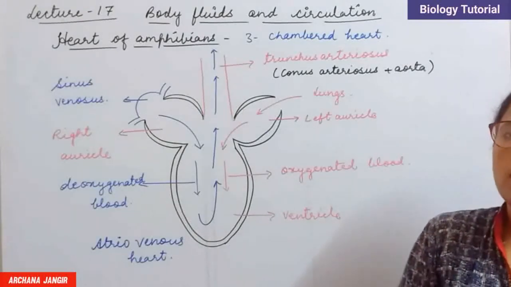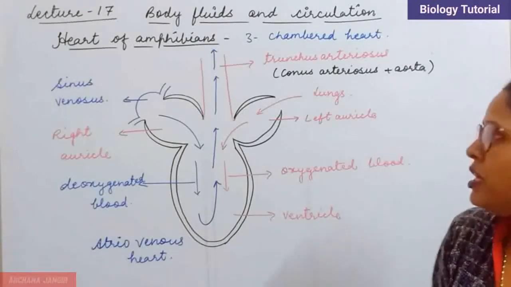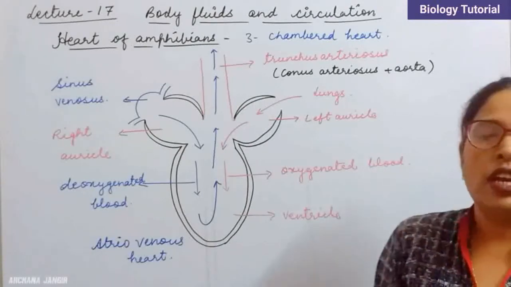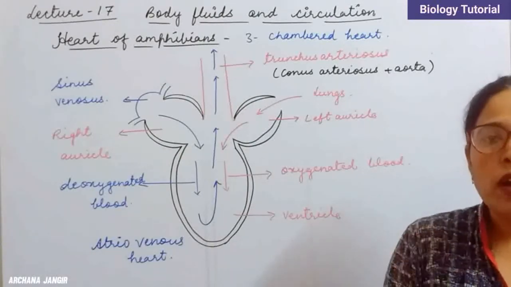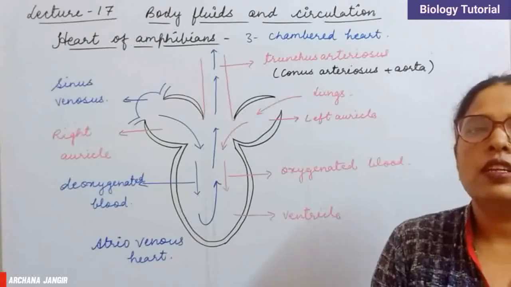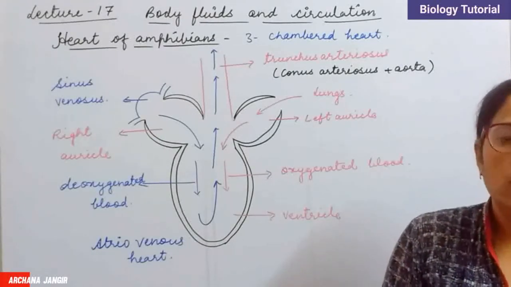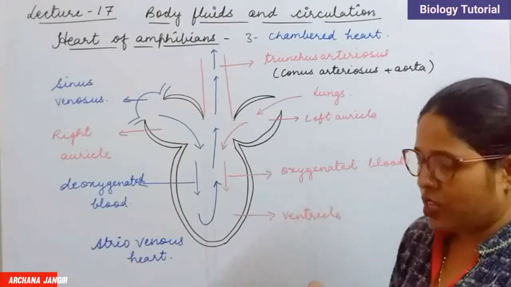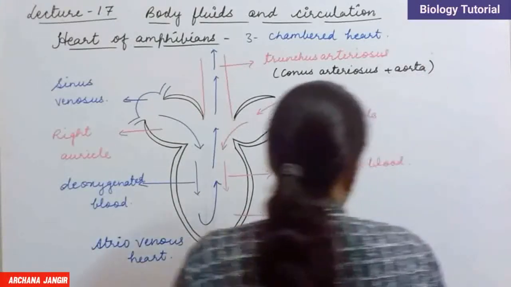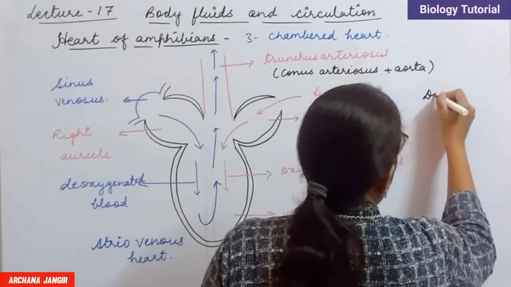Now, what is double circulation? Double circulation means the type of circulation in which blood comes twice into the heart before going to the body tissues. Clear? So, which type of circulation is this? This is double circulation.